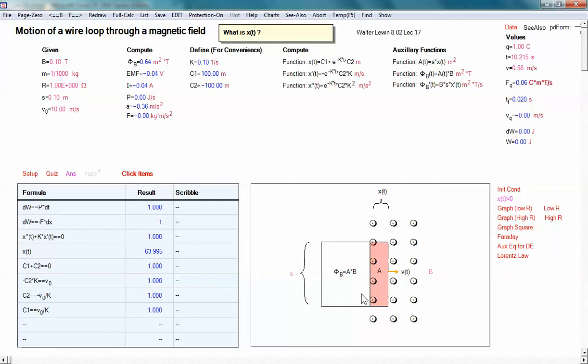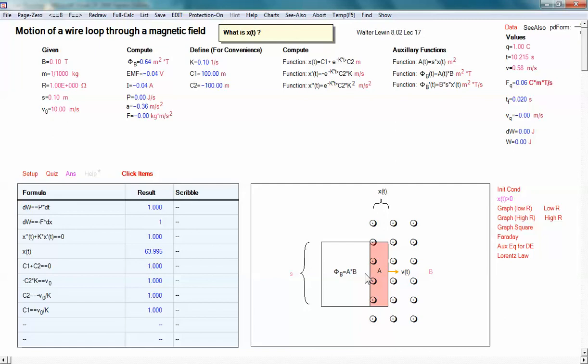If either of those wasn't true, let's suppose that this was only 1 meter long. Then after a short amount of time, the wire loop would be completely in the B field. There'd be no more change in the magnetic flux, so there'd be no more braking. So it would just continue along at whatever velocity it had reached at the time that it completely entered the field.